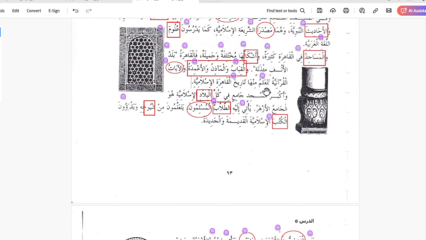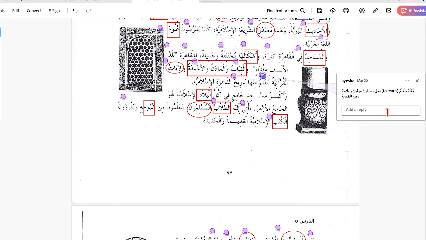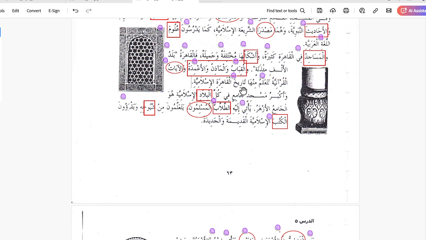Ta'allama, yata'allamu is the verb to learn. So nata'allamu, we learn, is a fi'l mudari', marfu', and the sign of rafa' is the damma. Minha, from it, tarikh al-Qahirati al-Islamiyyati. We learn from it the history of Islamic Cairo.